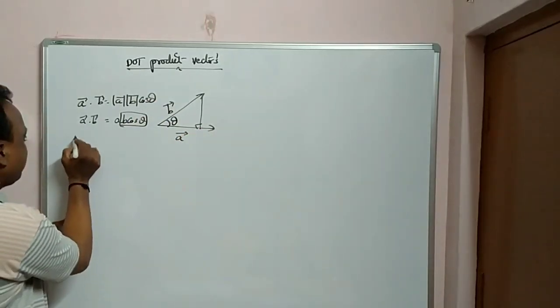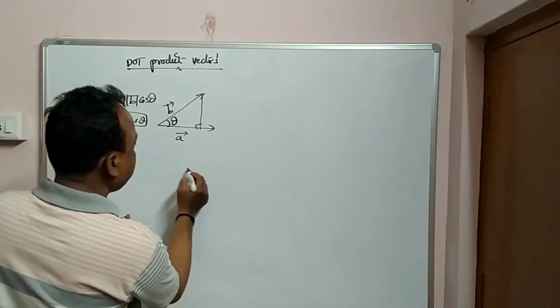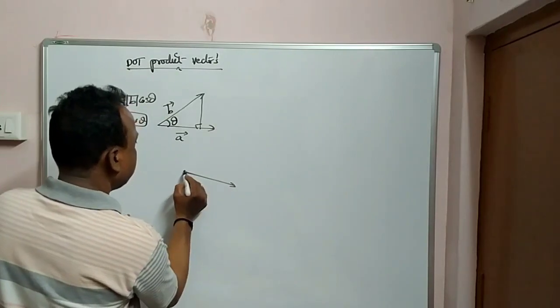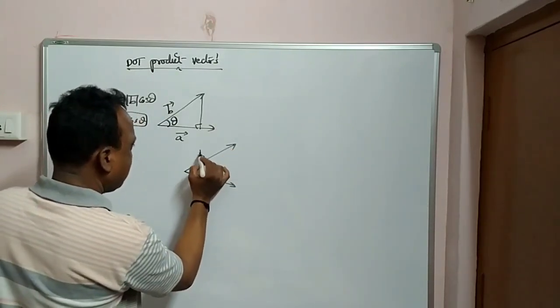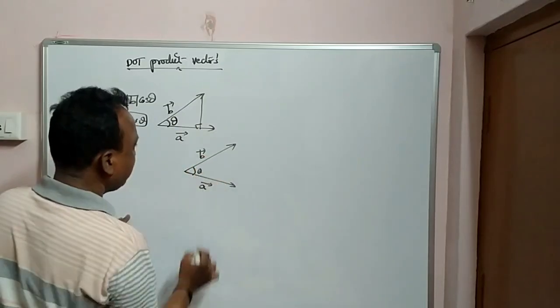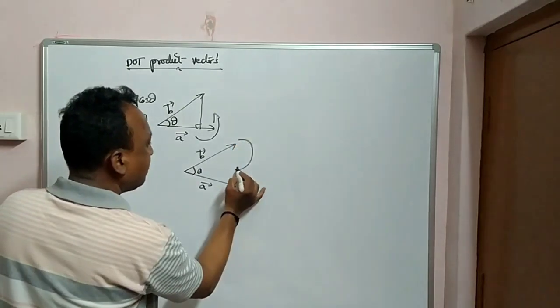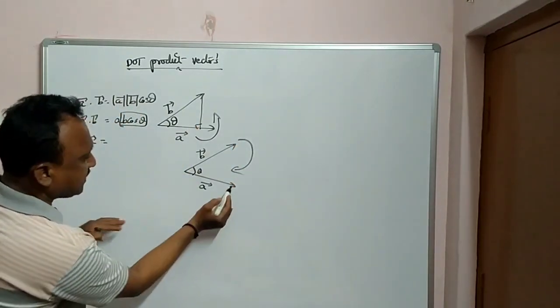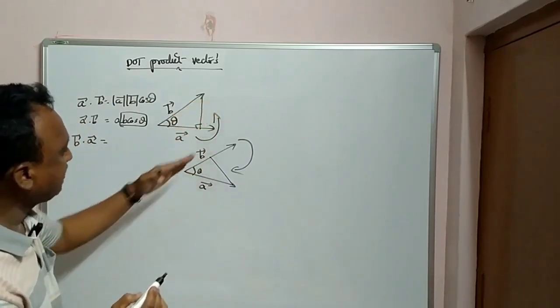In the same way, you can define b dot a. This is a vector, this is b vector, angle theta. Now we have gone through a dot b. Now b dot a means draw a perpendicular from a on b, then you will get the component of a vector along b.